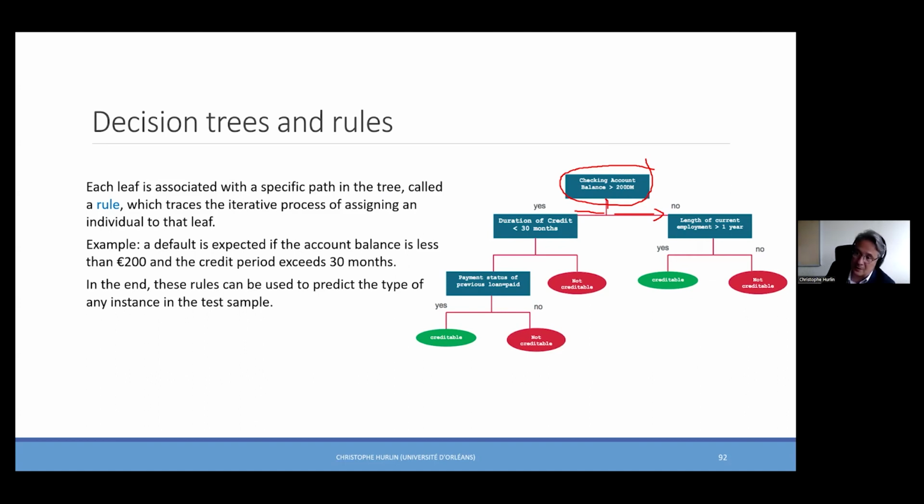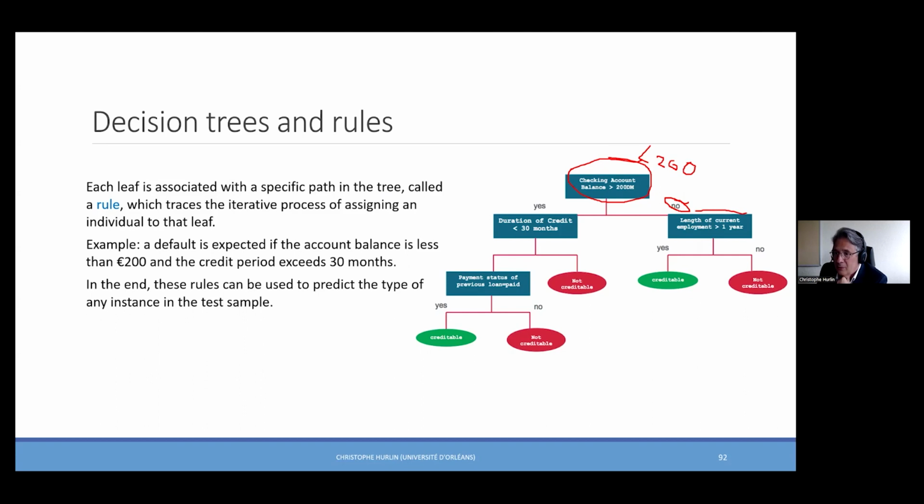So on the left is yes, on the right is no. This is a convention in decision trees, okay? So at the end, I have a rule, for instance, if I have an individual for whom the checking account balance is smaller than 200 euros, then I go here.